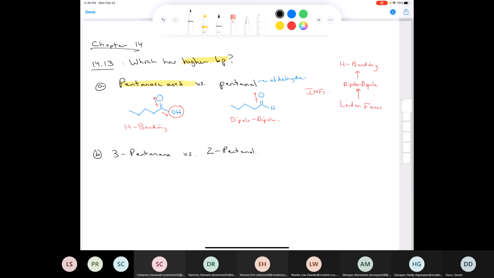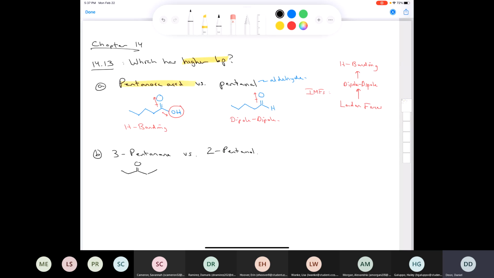2-pentanol. Well, if I look at 3-pentanone, it is a ketone because it ends in the suffix -one. We know that it has 5 carbons because pent means 5 carbons. And we know that the carbonyl for the ketone is going to be at carbon number 3. So if I put my ketone here, I have 1, 2, 3, 4, 5, like that.